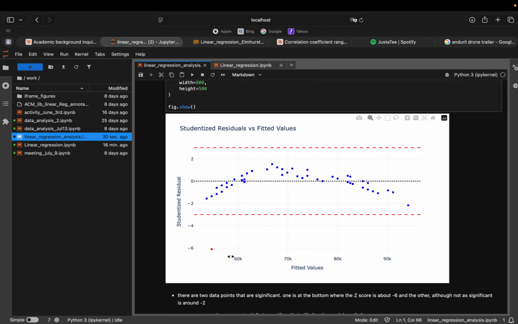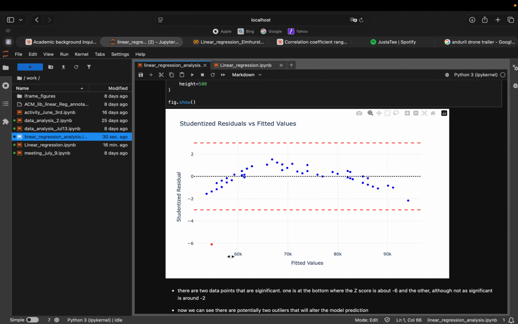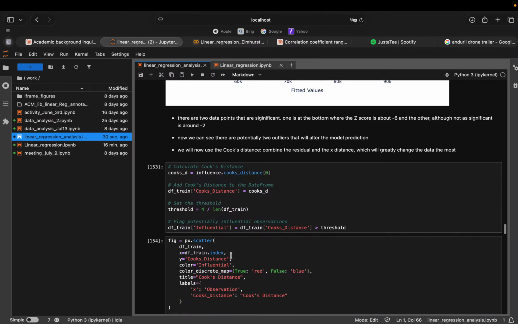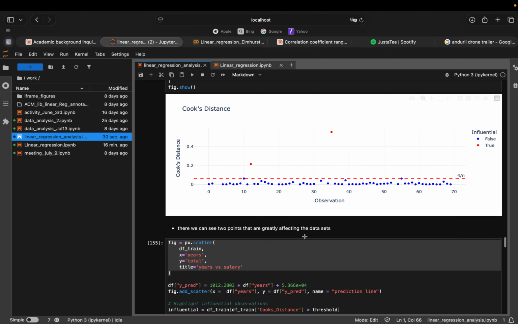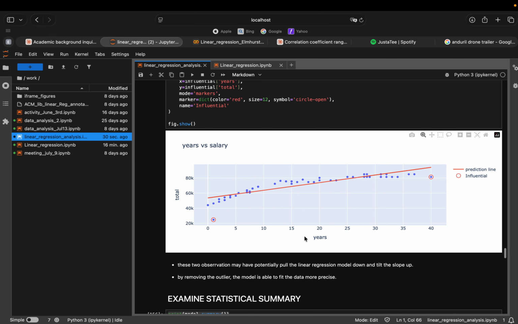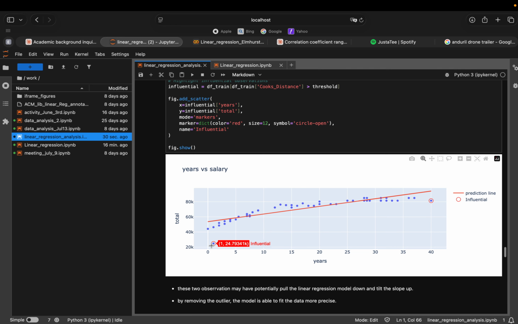But I want to do some more testing, so I did the graph with the Cook's distance, and now I can clearly see that there are two outliers. So these two right here. So this shows which two points they are, which is this one and this one.